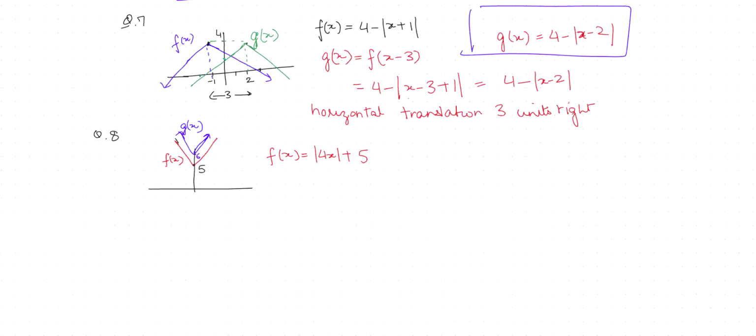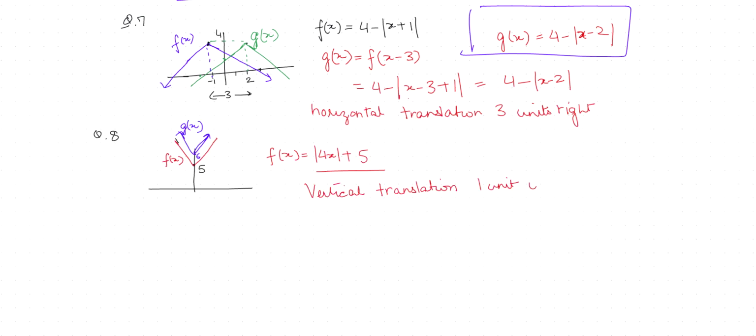So f(x) is given to us, which is 4x plus 5, and we see that g(x) moves 1 unit up. So it is vertical translation 1 unit up. So we know when it moves up, we just do f(x) plus k.